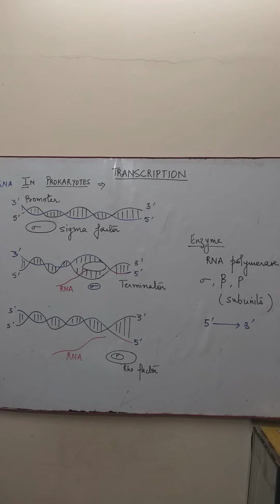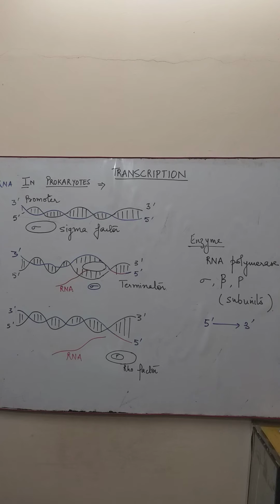So we have sigma, beta, rho, and beta dash, which are the subunits of the RNA polymerase enzyme, and they have a definite role in the process of transcription. Also, you have to remember that RNA polymerase enzyme will always bind at the promoter site, and it will add the nucleotides in the direction 5' to 3'.